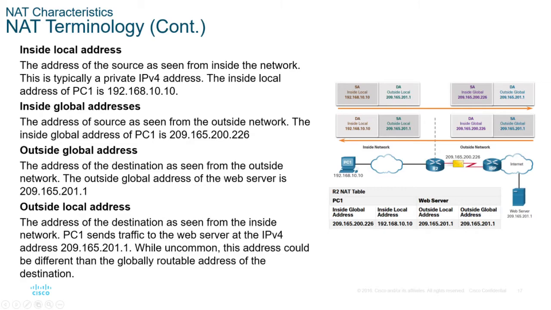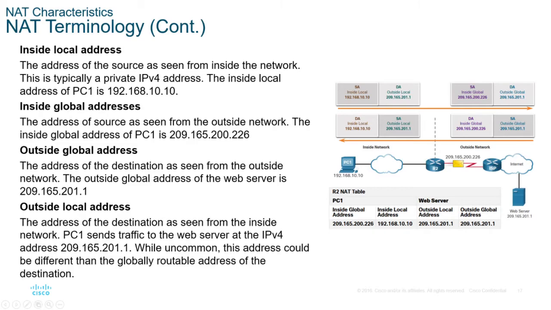Because of how NAT works, I will never know what the internal network scheme actually is for any other network besides my own. And that's fine. I don't need to know it, and I don't really care to know it. Because I don't know what it is, your outside local address and your outside global address is always going to be the public address of the destination of where you're attempting to go to.